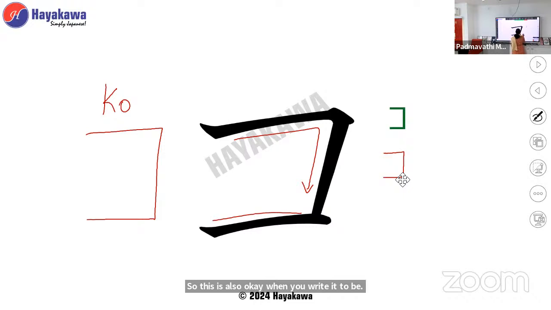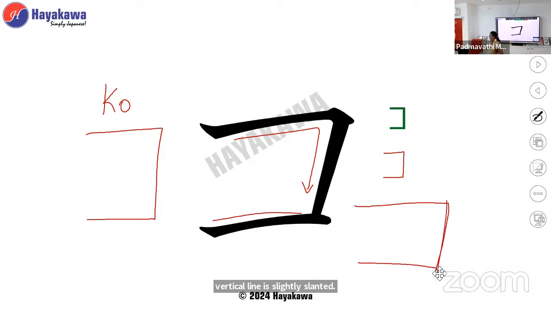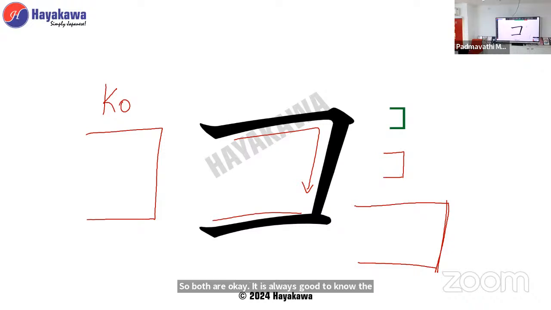But originally, this vertical line is slightly slanted, right? So both are okay. It is always good to know the original way. The original way of writing it is what we have in our textbook. These are all the updated font styles. If you use this also, no problem, you can use it, but you must know the original way how it is actually written.